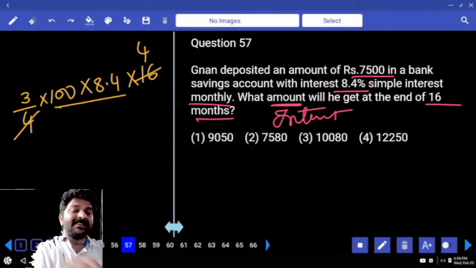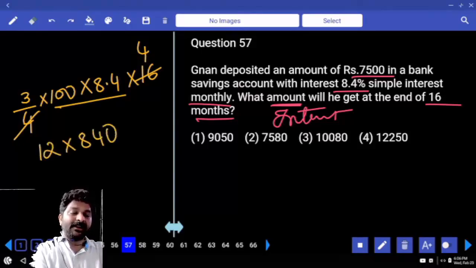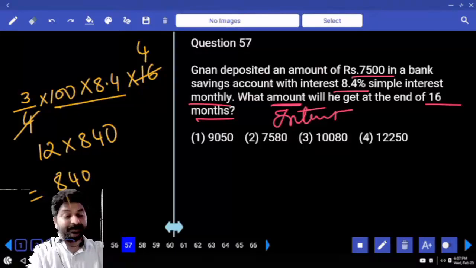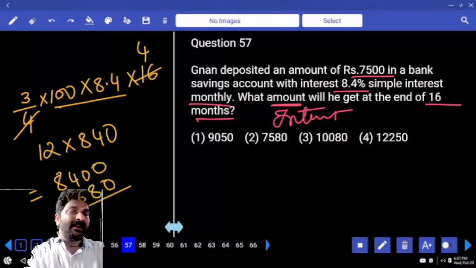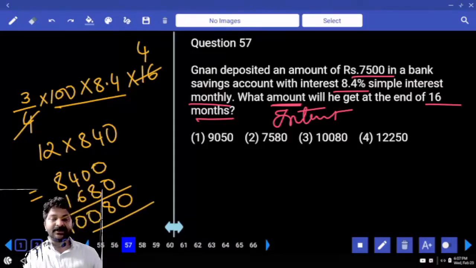So can we write this number as 840? 3 into 4, 12. 12 into 840. 84 10 times and then 84 2 times, that is 168. 10 times and 2 times. So answer 10,080. This is interest only, not the amount. So the word amount should not be there here. It must be the interest.